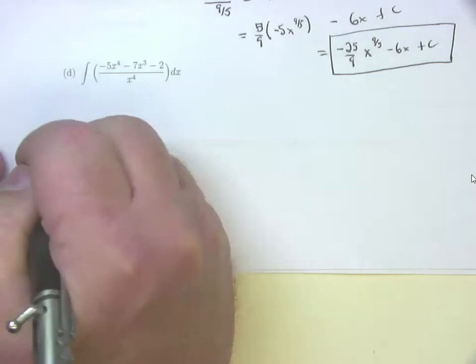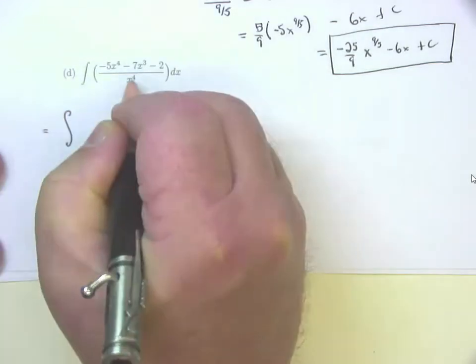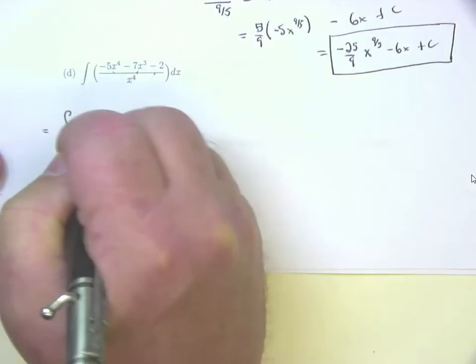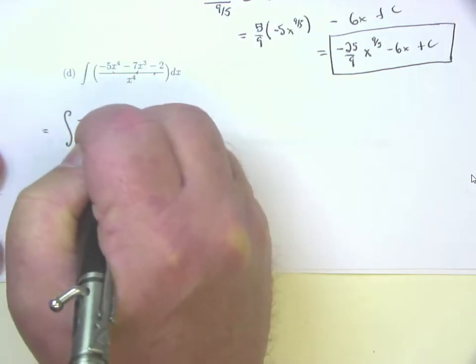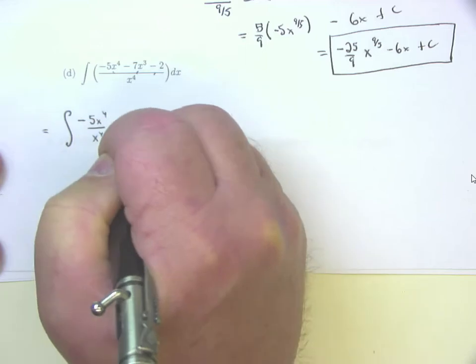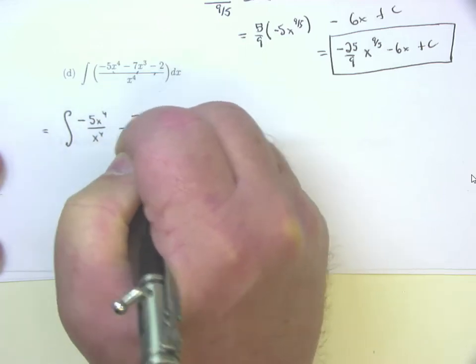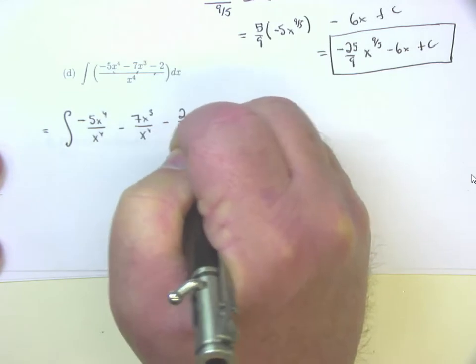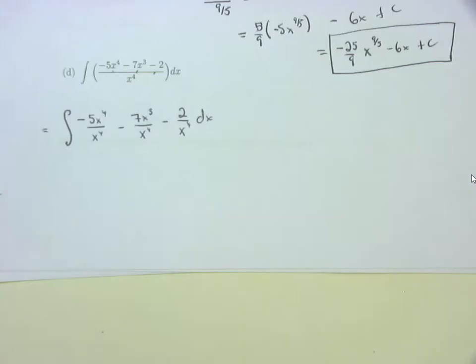So to clean this guy up, this will become the integral, and you take that single denominator and put it under each term in the numerator. That gives you negative 5x to the 4th over x to the 4th, minus 7x cubed over x to the 4th, minus 2 over x to the 4th dx. Does that make sense? And clean them up.